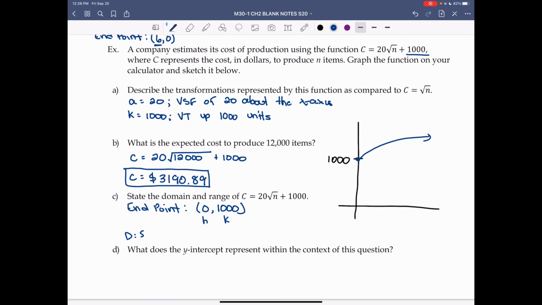Domain: x such that x is greater than or equal to the h value, which is 0, and x is an element of the real numbers. Range: y such that y is greater than or equal to the k value, which is 1,000, and y is an element of the real numbers.